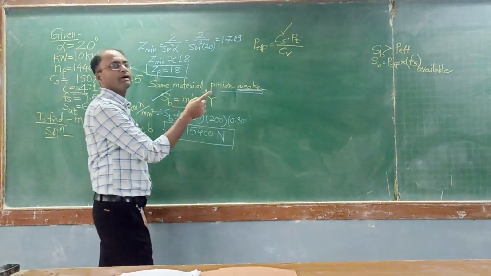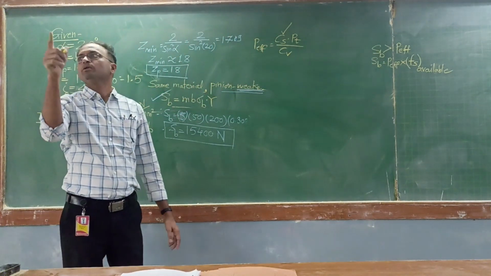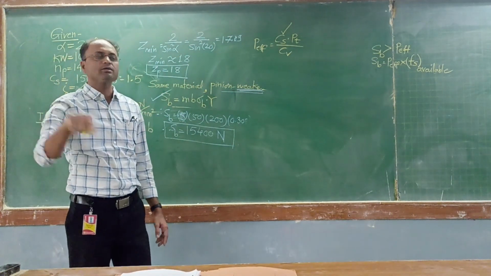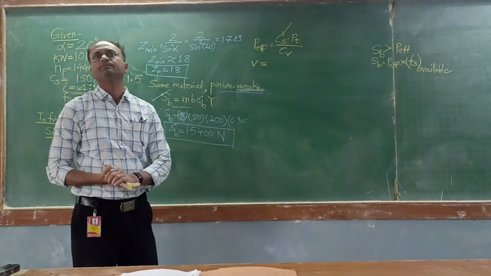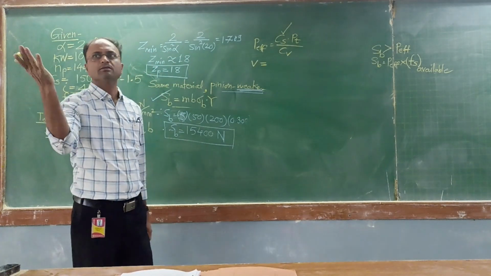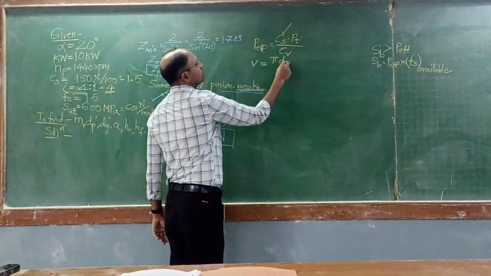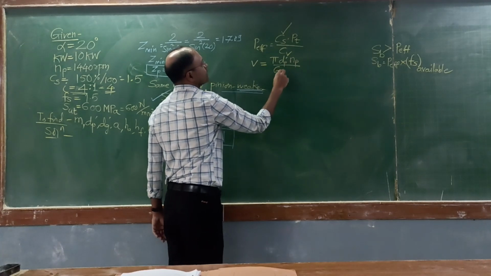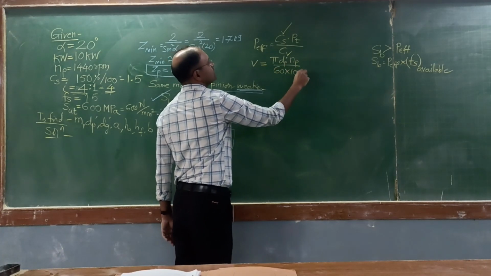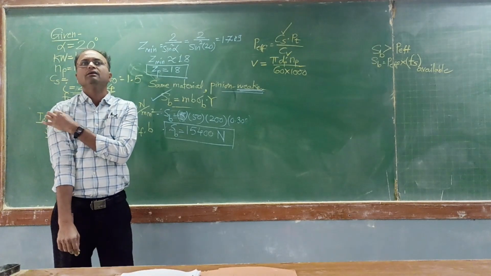So how to find CV? For using the formula of CV, we have to first of all find out velocity. So velocity, right now, pitch line velocity. V is equal to pi dP N P upon 60,000, or 60 into 1000. This is the formula for calculating velocity.